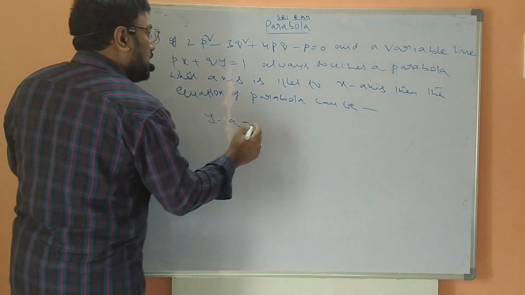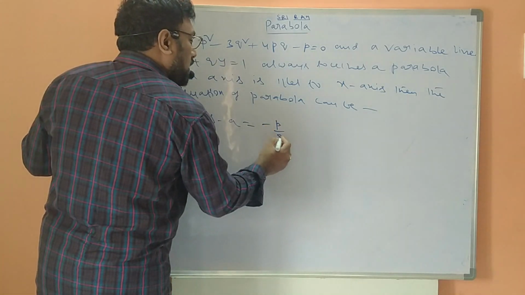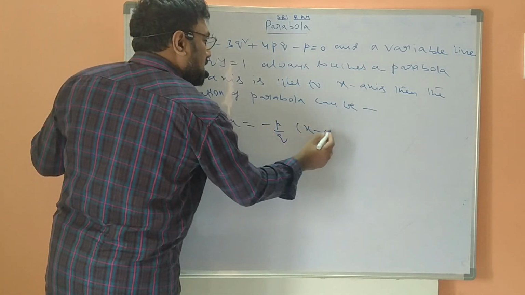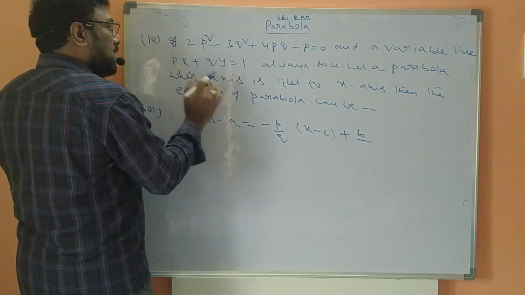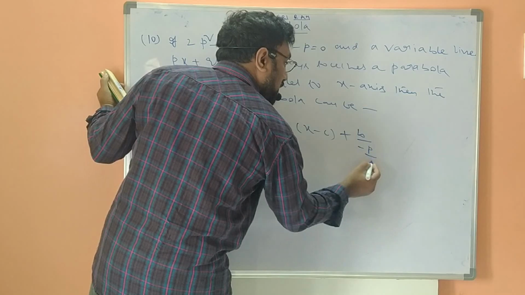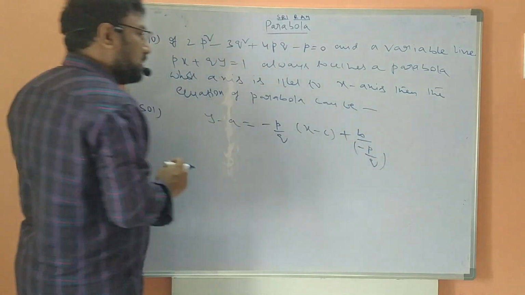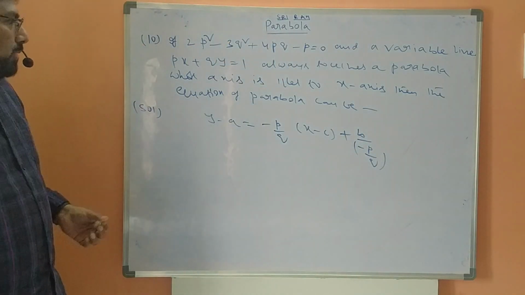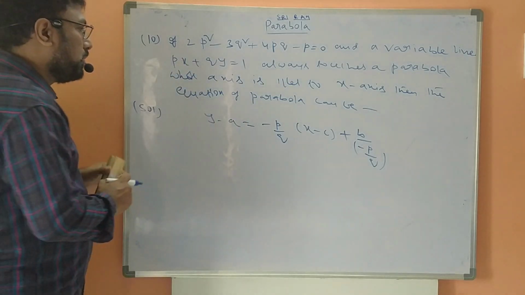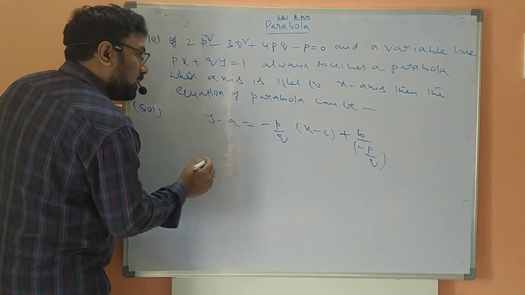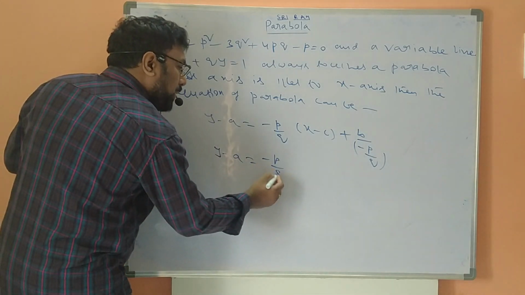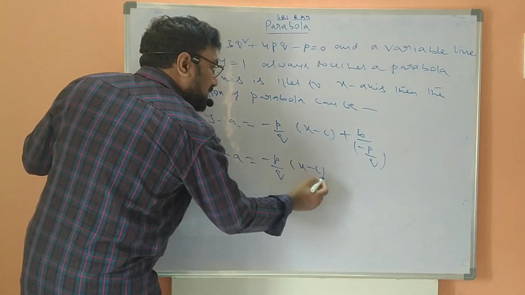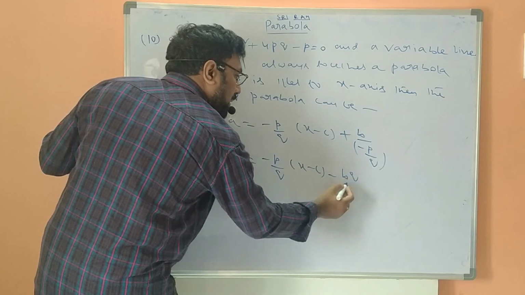Now y minus a equal to minus p by q into x minus c plus b by m, where m is minus p by q, the slope of the tangent. Let us simplify it: minus p by q into x minus c minus bq by p.